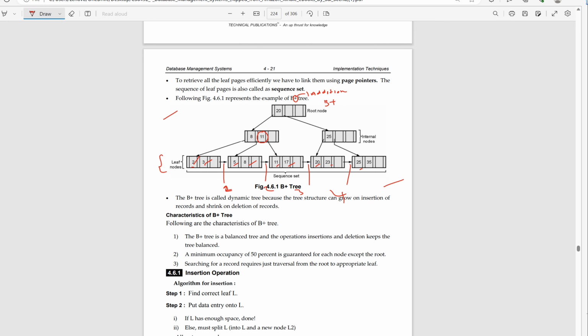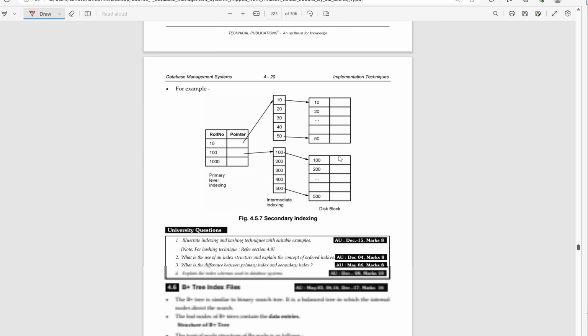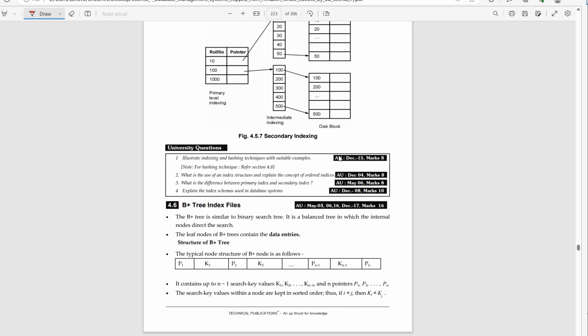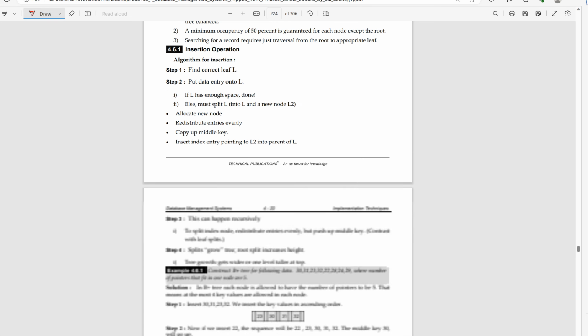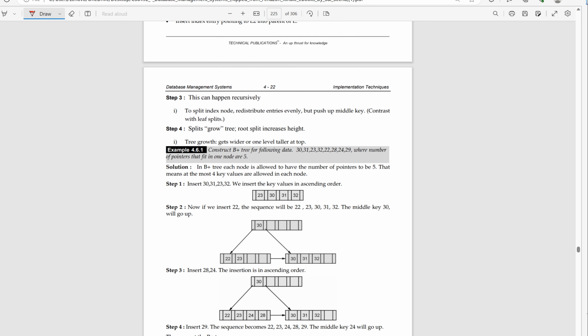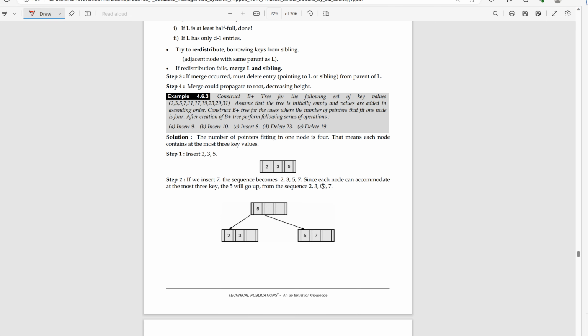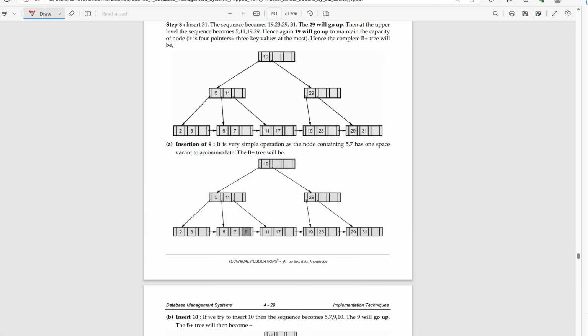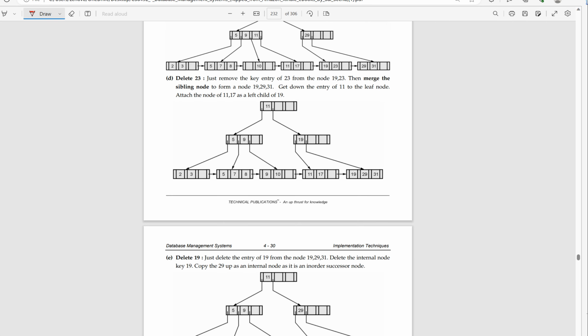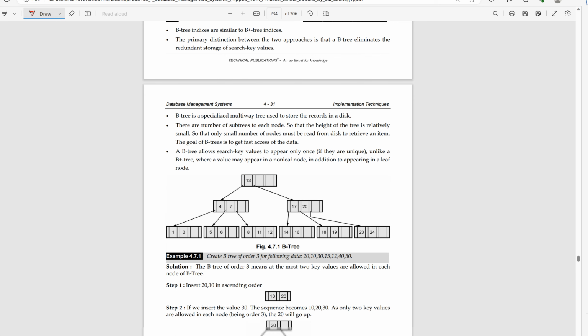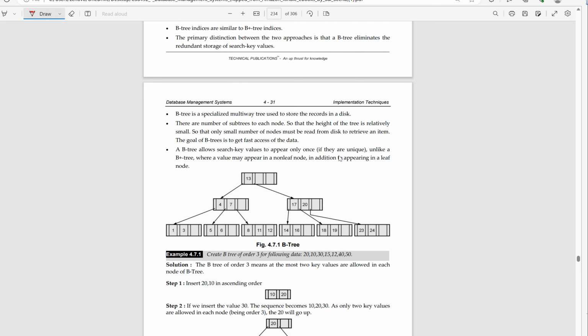You could understand this better when we compare it with the B tree. Keep this structure in mind, and when we go to the B tree, here you won't find any pointers between the leaf nodes.